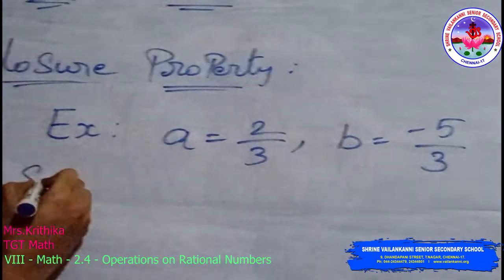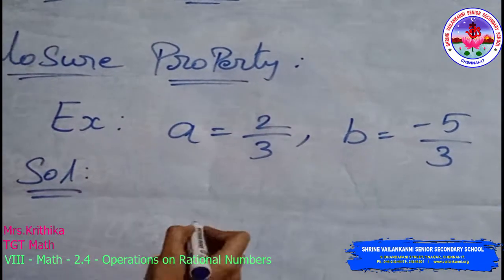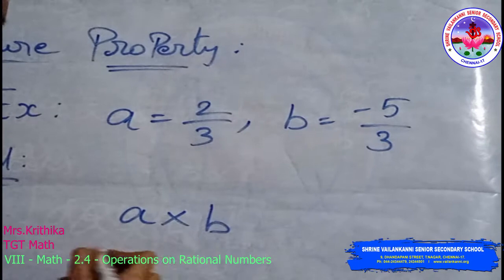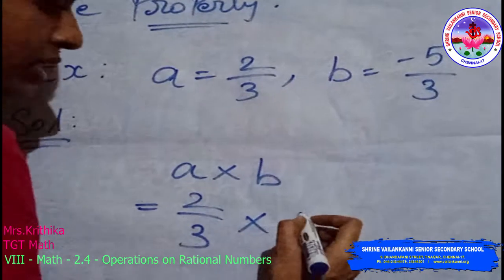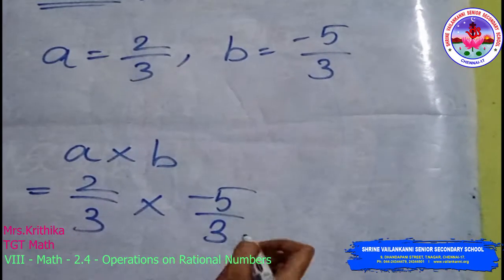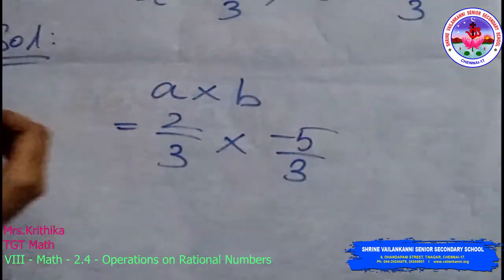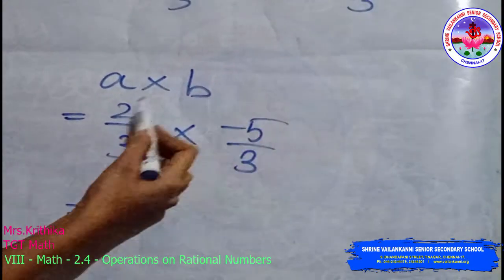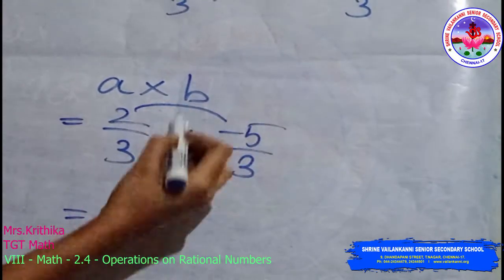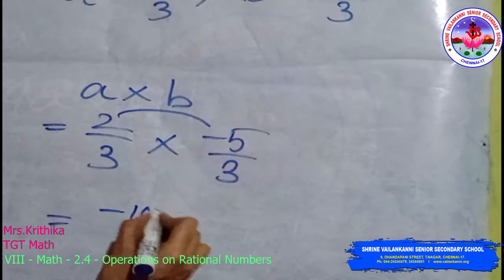Write down the solution. First write the property, a into b. Substitute the a value, 2 by 3, into the b value, negative 5 by 3. Here the first step is multiplying the numerator values: 2 into negative 5, negative 10.